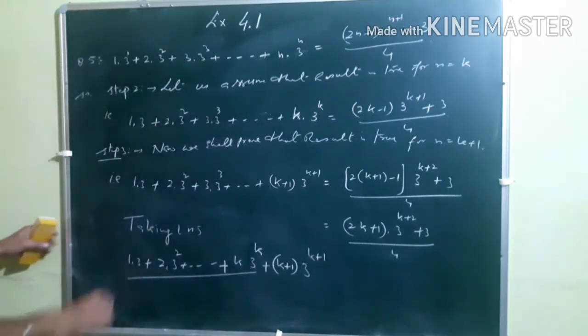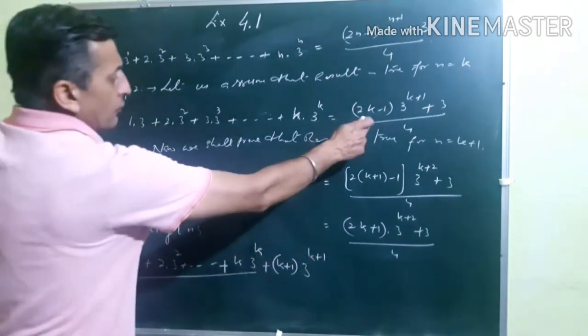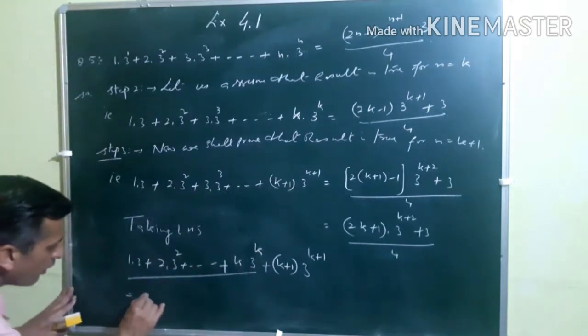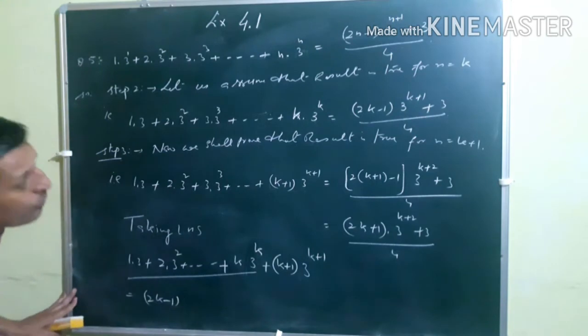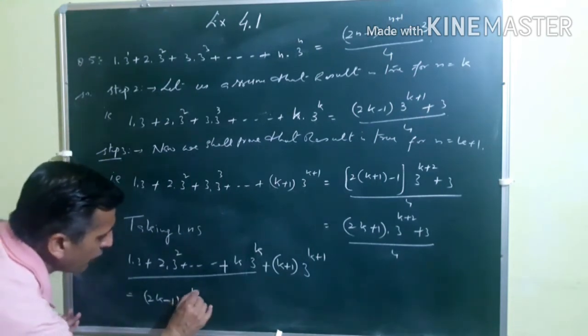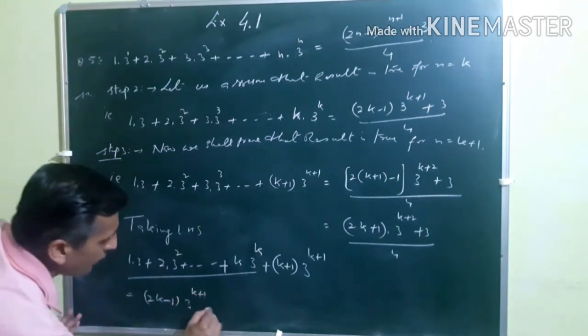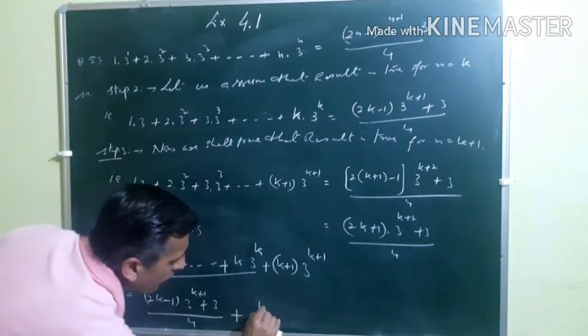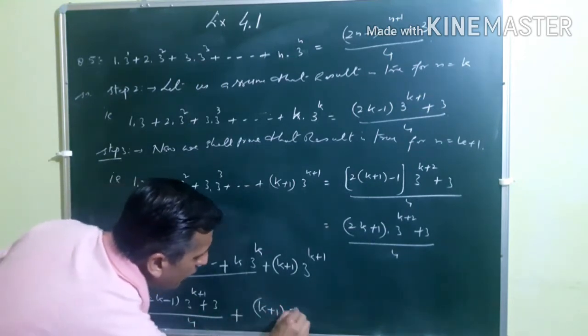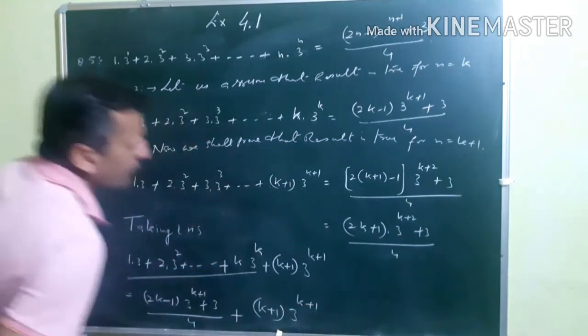Up to here you know the sum of these terms that we have assumed is 2k minus 1 into 3 to the power k plus 1 plus 3, whole upon 4, plus k plus 1 into 3 to the power k plus 1.